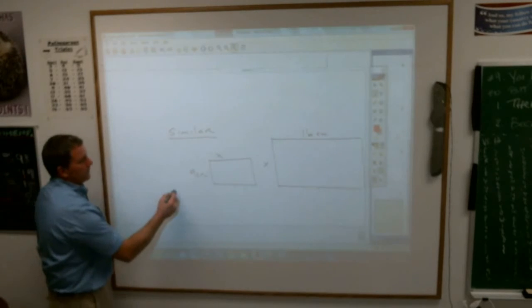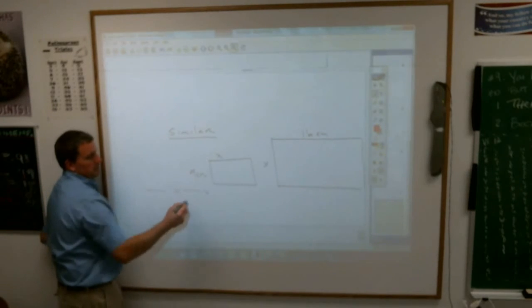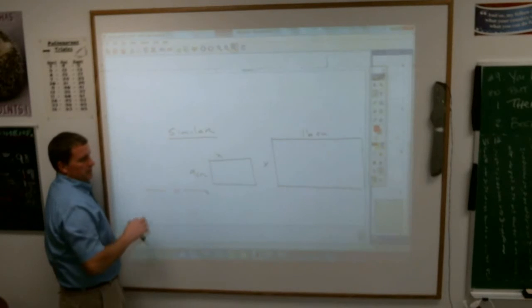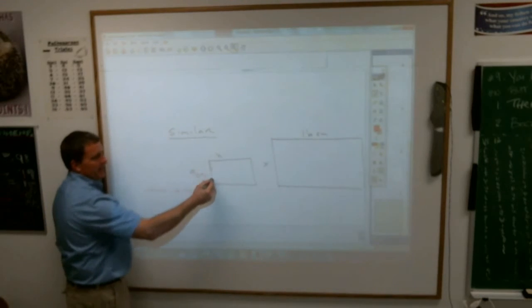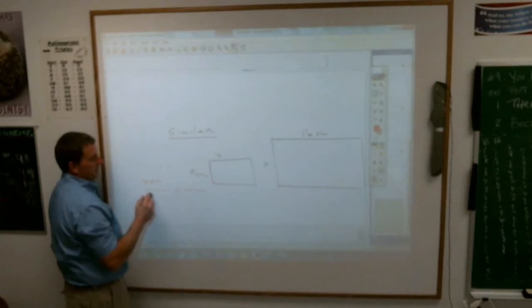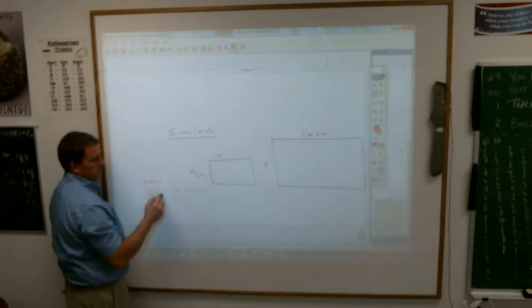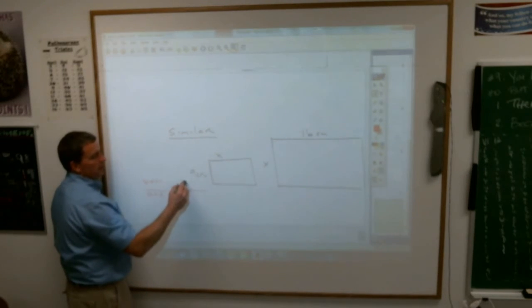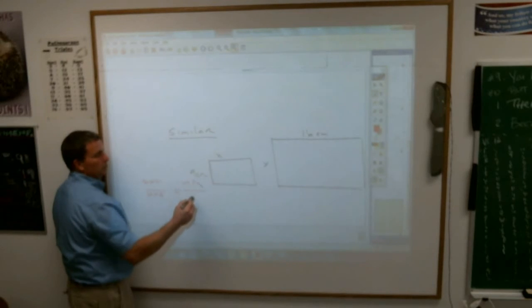You make equal fractions, and it works like this. The short side on the small over the short on the big equals the long on the small over the long on the big.